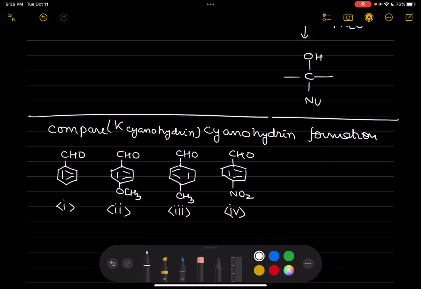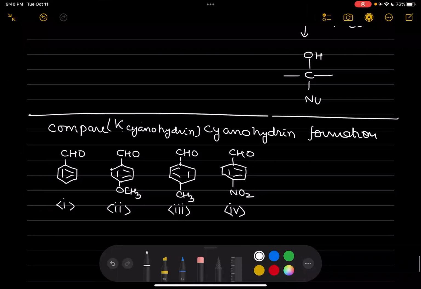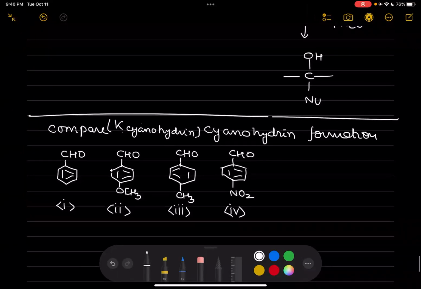And if the K is less, the equilibrium is towards the reactant side, because cyanide is a weak nucleophile. Okay, so that's why we are talking about K. Clear? Yes, sir.